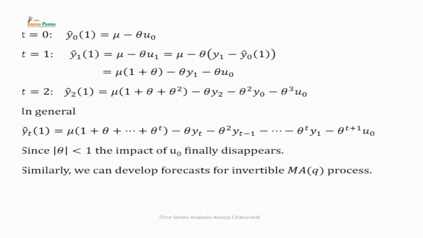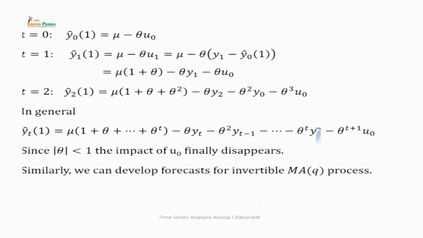And so on. In general, y hat t 1 is equal to, you have information up to time t and you are considering one step ahead forecast. Now, for the MA(1) process, there is no point in considering more than one step ahead forecast, because you know that y hat t h for h greater than or equal to 2 is simply mu.